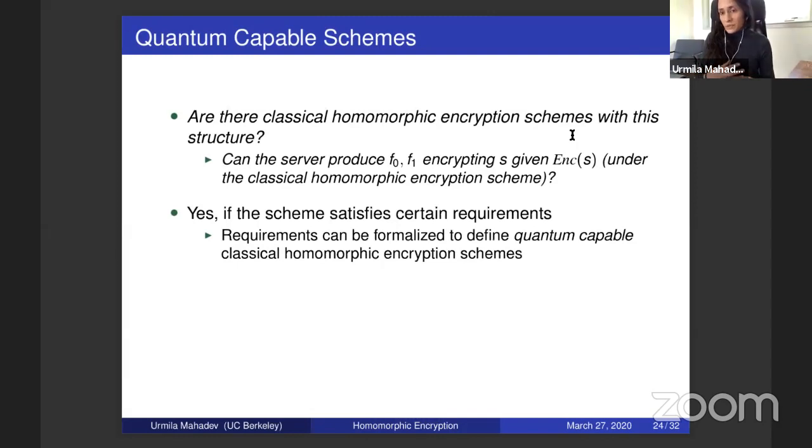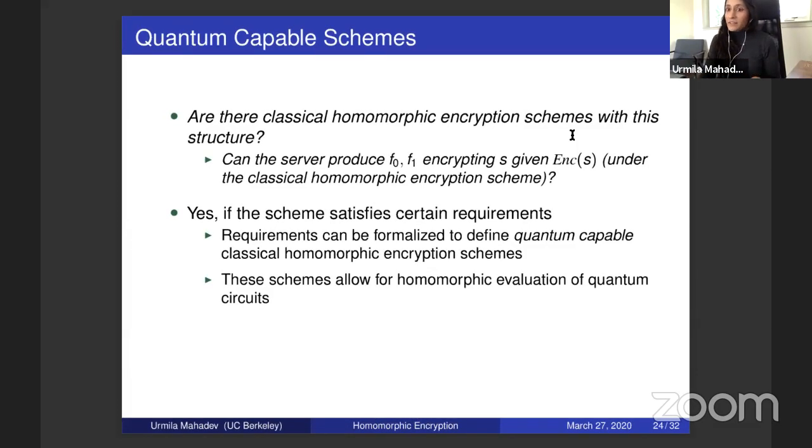Once we formalize them, we can say that if a classical homomorphic encryption scheme satisfies these requirements, then the server can use it to convert to TCF encryptions and then apply the encrypted C0 operation. Therefore, the server can use these schemes to homomorphically evaluate quantum circuits. I call classical homomorphic encryption schemes which satisfy those requirements quantum capable schemes, which are just classical homomorphic encryption schemes that can be used to homomorphically evaluate quantum circuits.